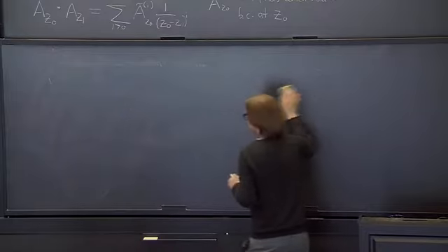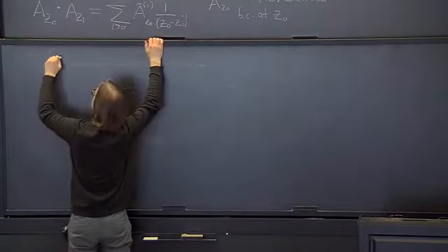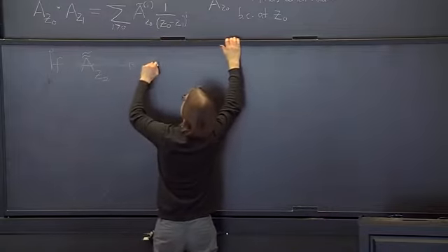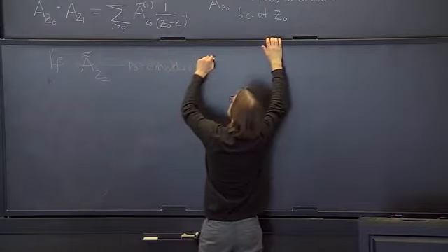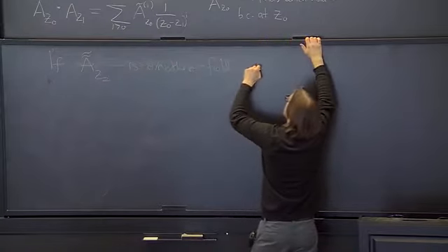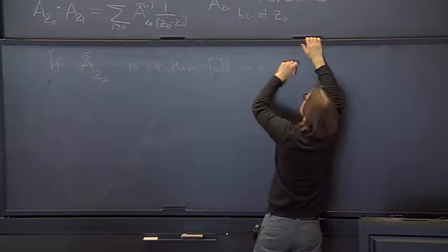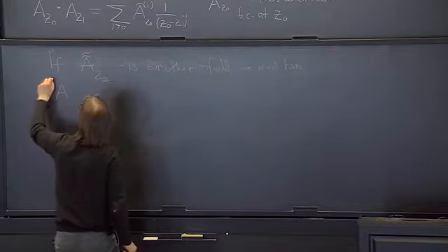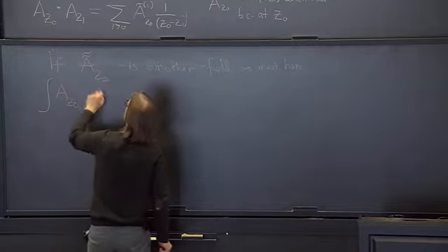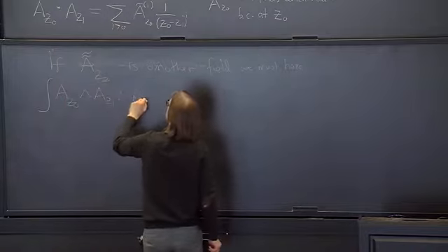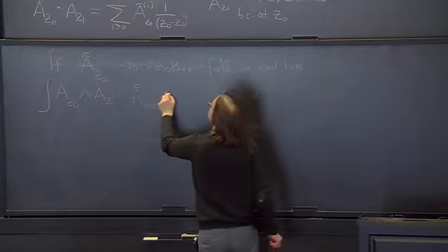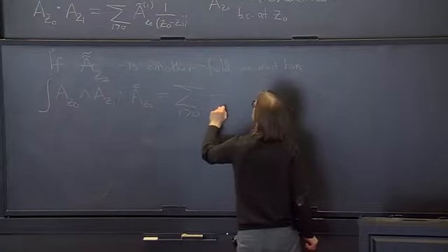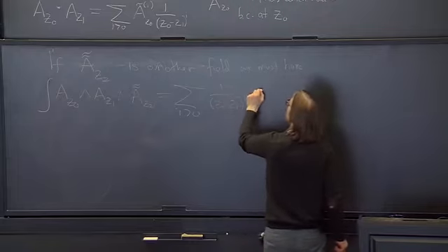So we must have, if A tilde tilde z2 is another field, the integral of A z0 wedge A z1 wedge A tilde tilde z2 is equal to the sum over i greater than 0 of 1 over z0 minus c1 to the i, the integral.